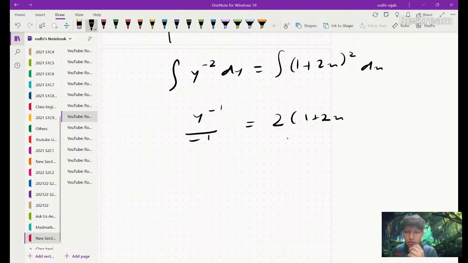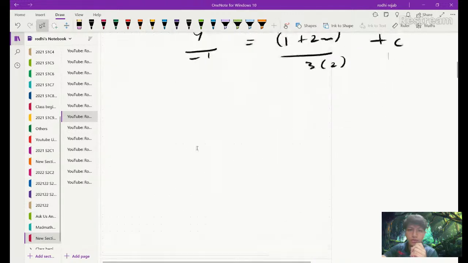Sorry. We'll get 1 plus 2x power of 3 over 3. Then we differentiate yang dalam tu, we'll get 2 plus c.